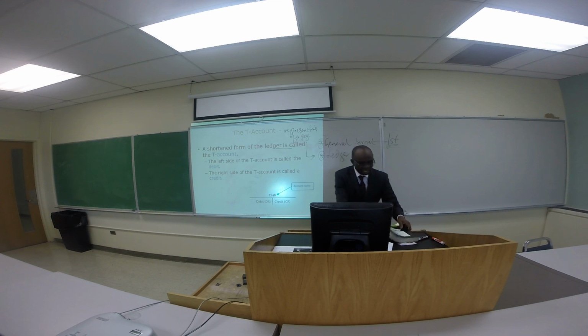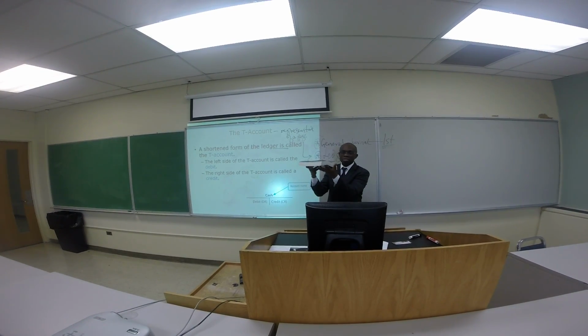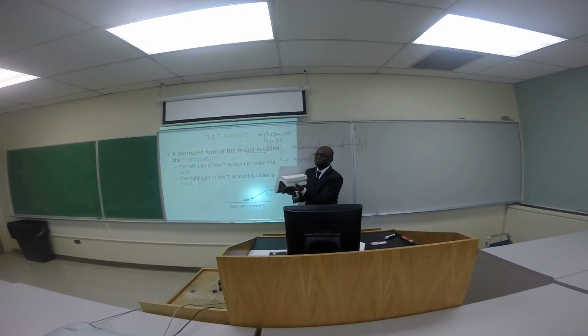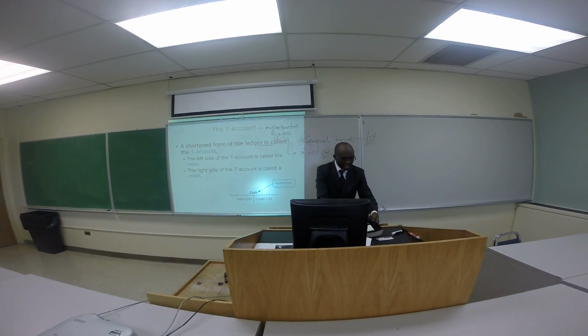So let's assume that this is a ledger. Remember I said that if a bank has 2,000 customers and we have 2,000 pages right here, each page is for a customer. Now, in real life, we actually have a real accounting book like this, and we can flip 2,000 pages. But in the classroom, we don't have an opportunity to flip pages.